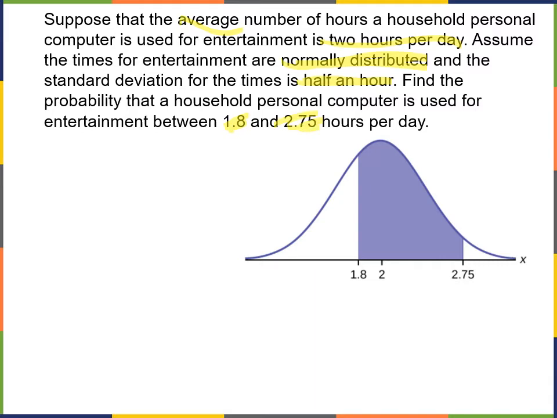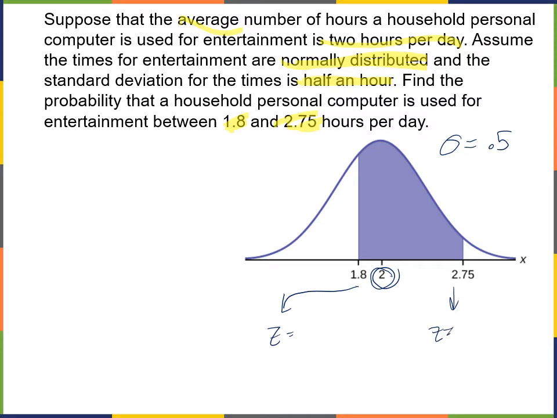So what do we have? Well, what we have here is a normal distribution with a mean of 2 and a standard deviation of a half, so 0.5. Okay? And we're trying to find the area between 1.8 and 2.75. So convert 1.8 to a z-score. Convert 2.75 to a z-score.